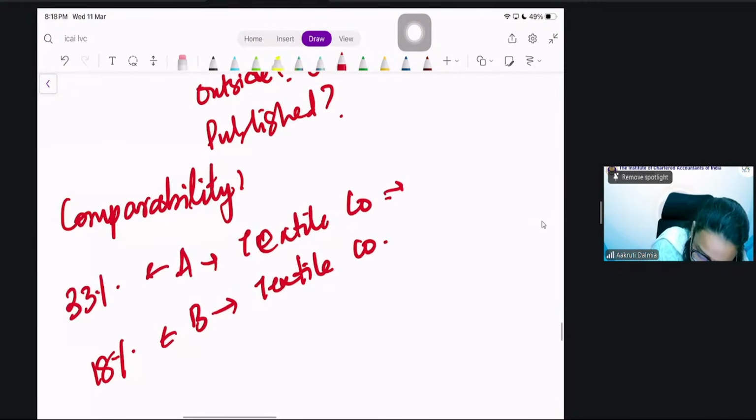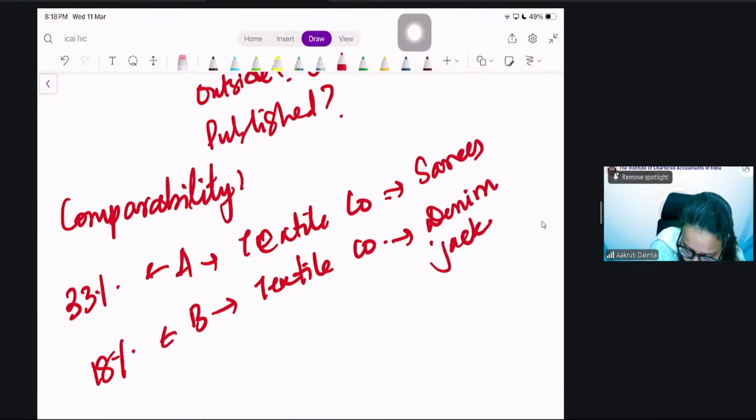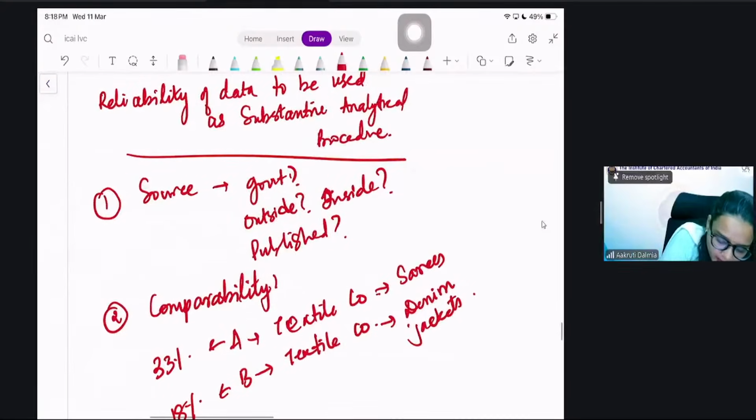But A is doing saris and B is doing denim jackets. Are they comparable? Both are textile industry, but are they comparable? So data, if you want to use, it should be what? Comparable. Okay. So if I want to check reliability of data, first I check the source.